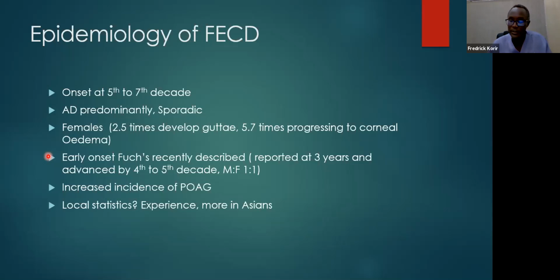So I don't know whether that is statistically significant. In America, from the data I read, they said it's rare in Asians. About 4% of the Caucasian population they see for cataract surgery have Fuchs, and then it's less in Asians and Africans. So I'm betting it's a little bit more in Asians than in Africans, but it's an interesting study to consider here in Kenya.